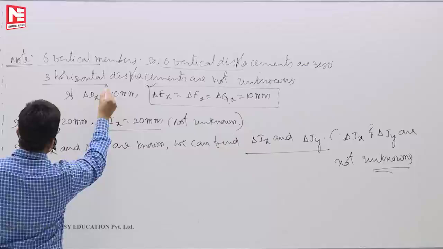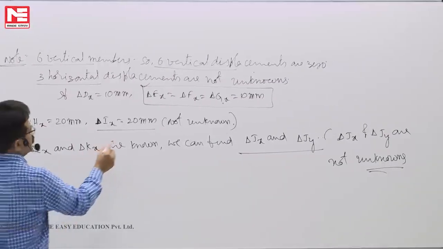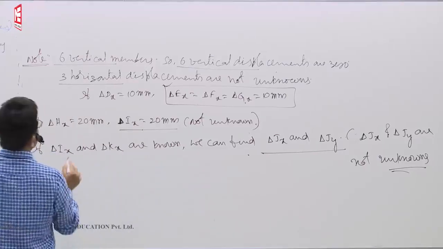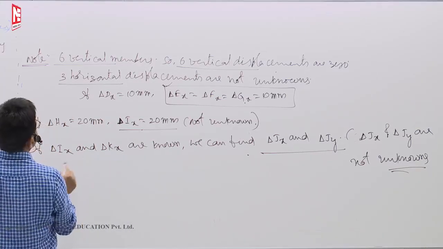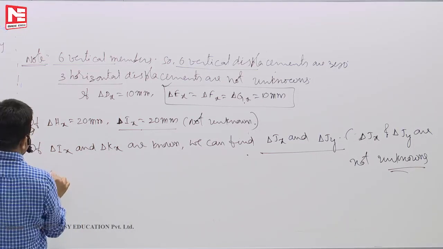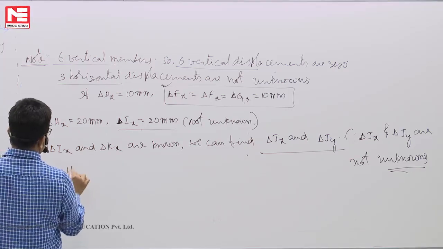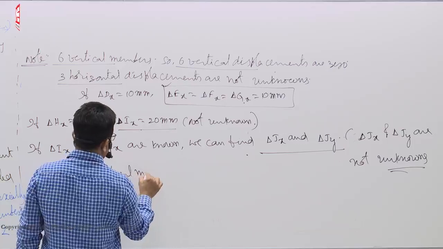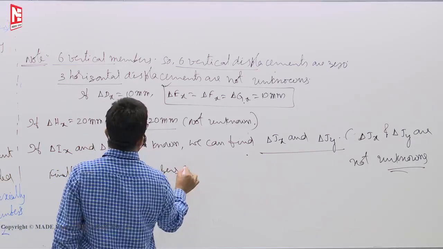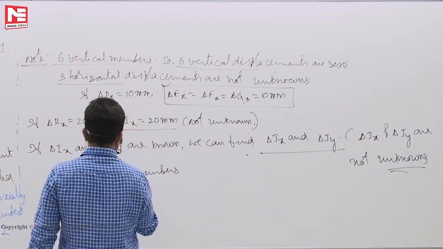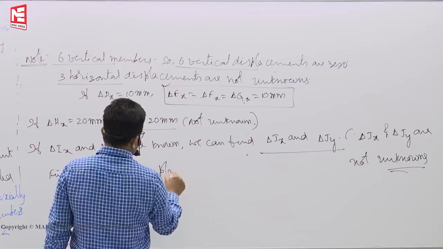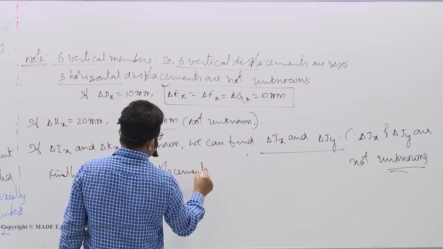So how many are missed? 6 vertical, 3 horizontal, 9. This is 10, 11, 12. So it's like this. Finally, 6 vertical members, 6 vertical displacements are 0.